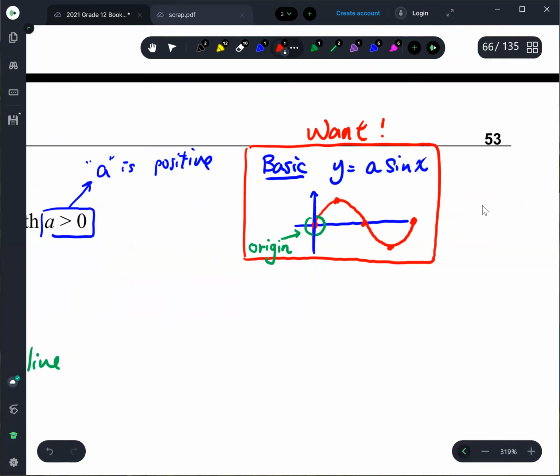It used to be 0, 0. Now it will be at a different place. So your graph starting from that point should look something like this.